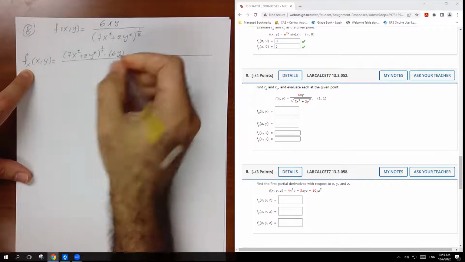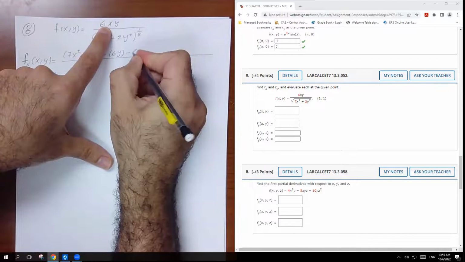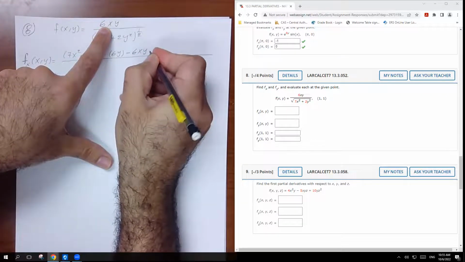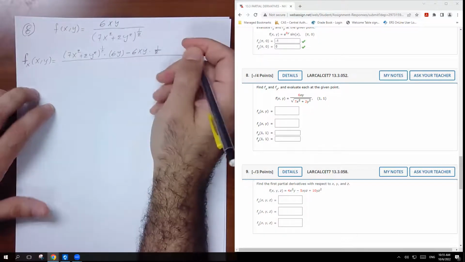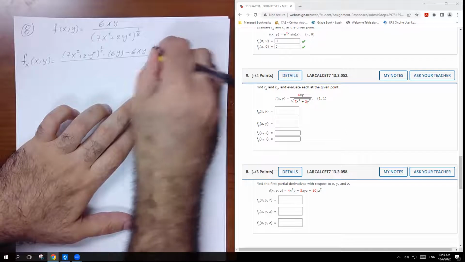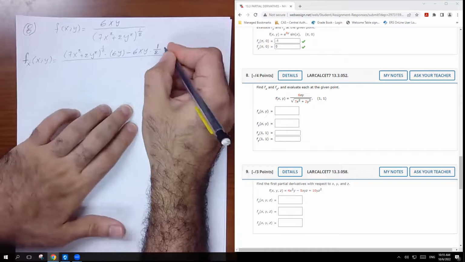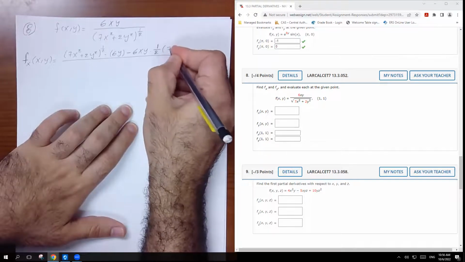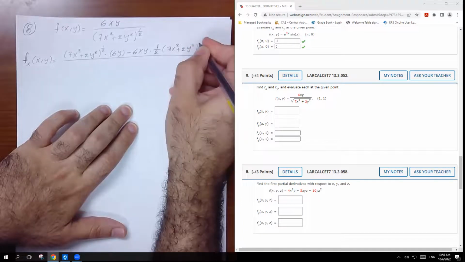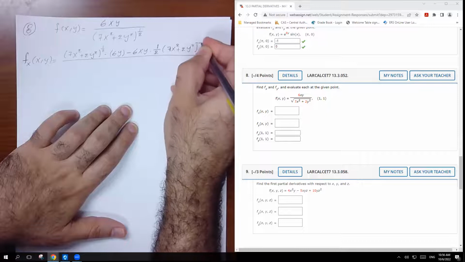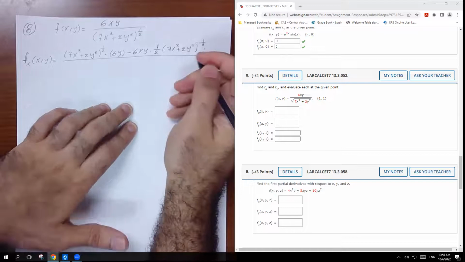Minus this part, which is 6xy, times the derivative of the bottom part, which is half times 7x squared plus 2y squared to the negative half, and times the derivative of the inside with respect to x.